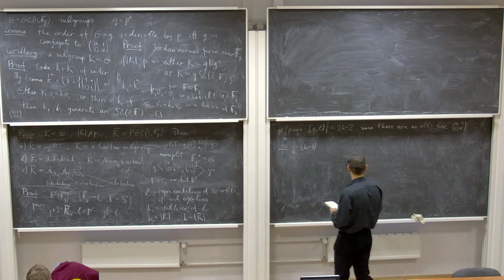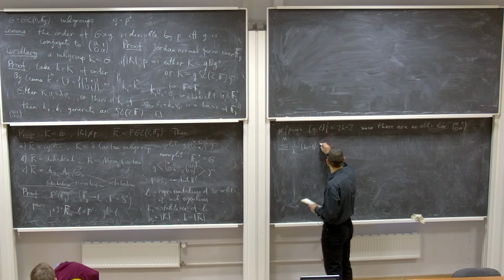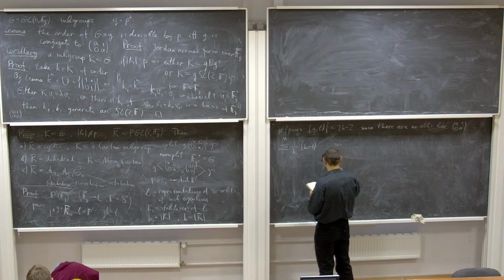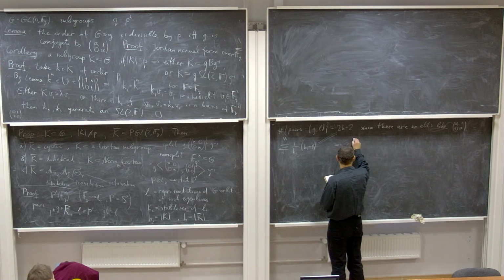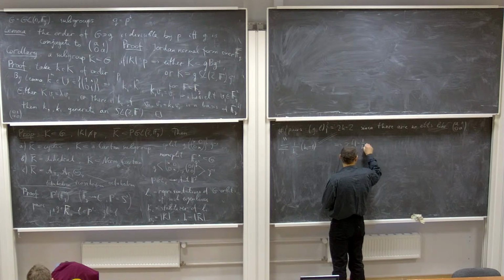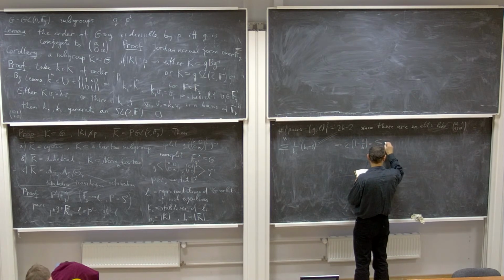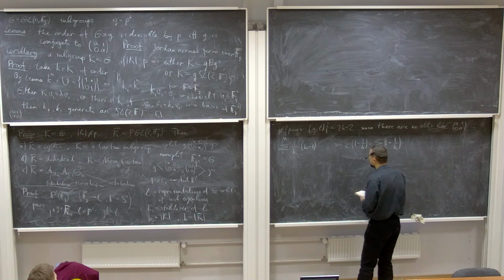Okay, so we have such an equality. And now, if you just divide by H, it means that 2 times (1 minus 1 over H) is equal to the sum of (1 minus 1 over Hi) over i.